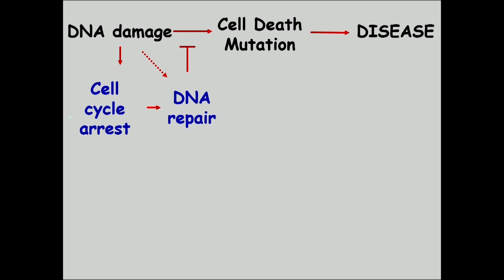DNA damage, if left unrepaired, can lead to cell death and mutation and go on to cause many different kinds of disease. But if repair acts appropriately and is given time to act, that can be prevented. So you don't get cell death, you don't get mutation, you don't get disease.